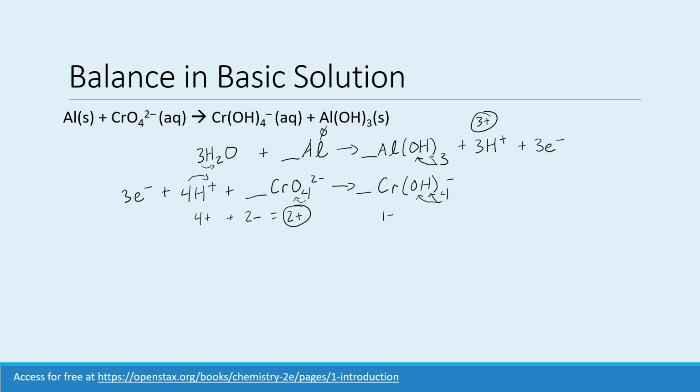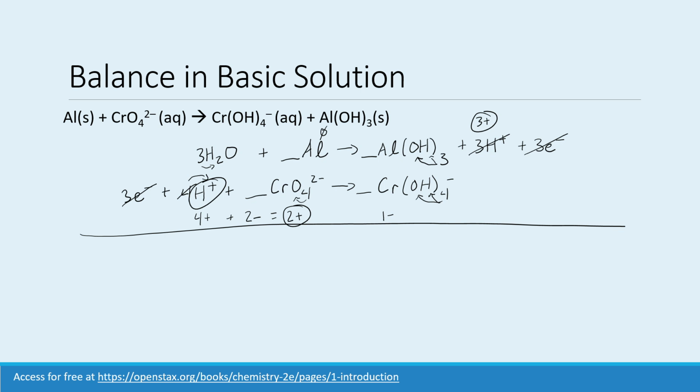reactant side. So this time we have the same number of electrons in each half reaction on opposite sides, and so we can go ahead and just add those up as they are. So the 3 electrons will cancel, and then for the hydrogens, all 3 will cancel on the product side, and we'll be left with 1 on the reactant side.